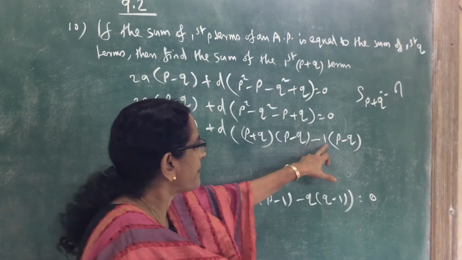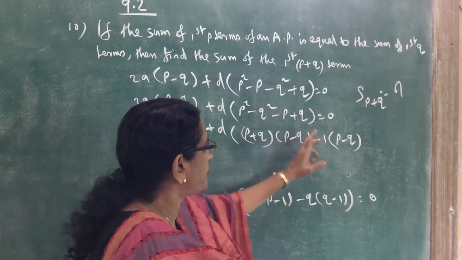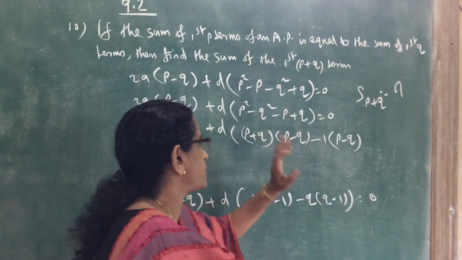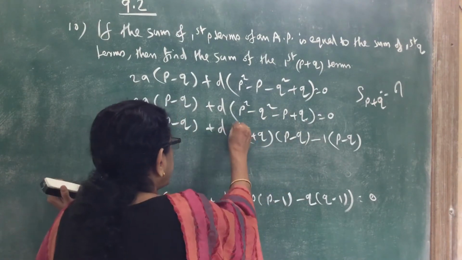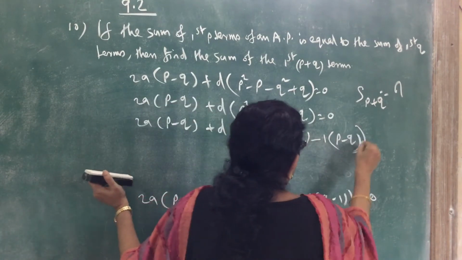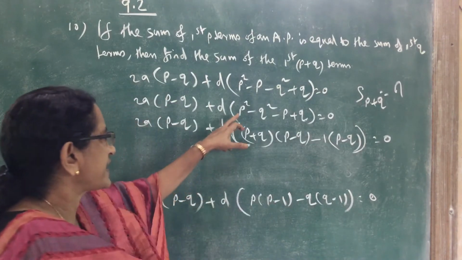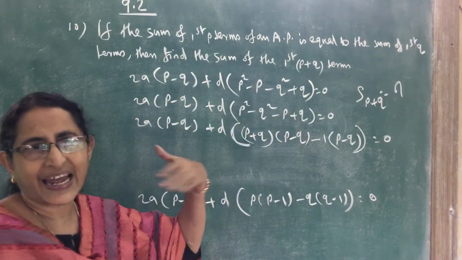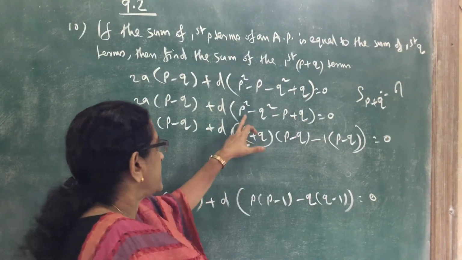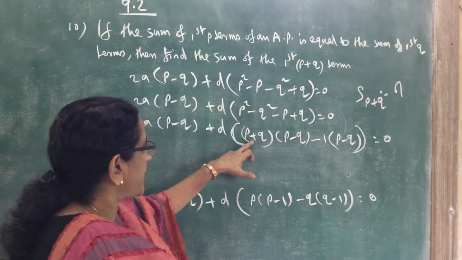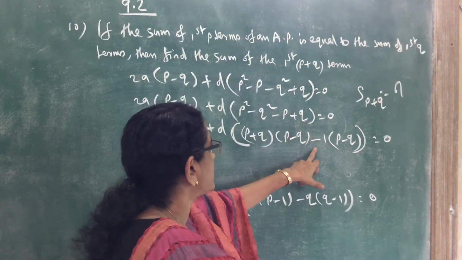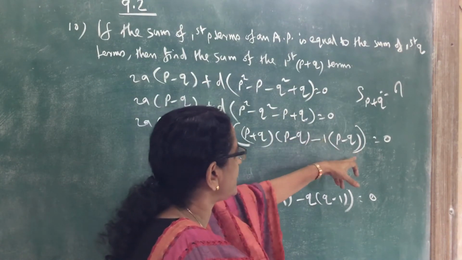So after taking minus common, minus of (p minus q), inside the bracket we get minus p plus q. This expression p square minus q square minus p plus q, we are trying to factorize. This p square minus q square we wrote as (p plus q) into (p minus q). Here from these two terms take minus common, so minus 1 into (p minus q).